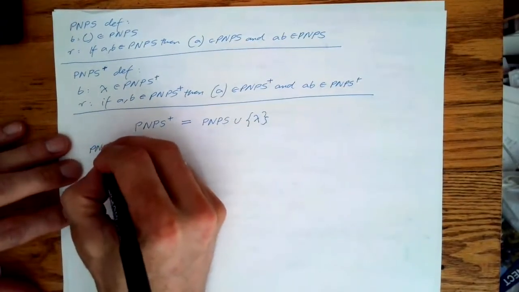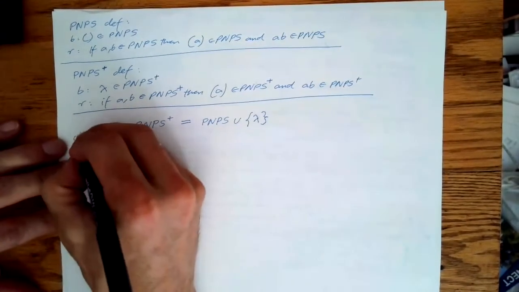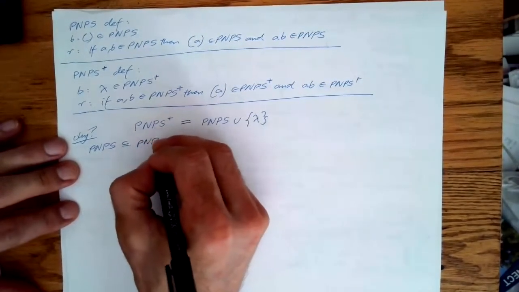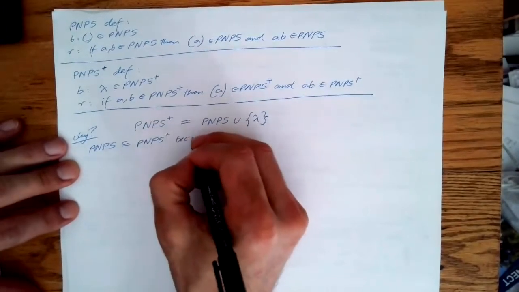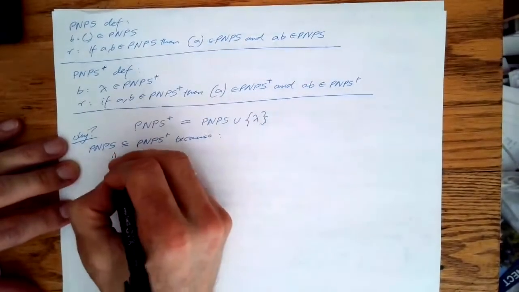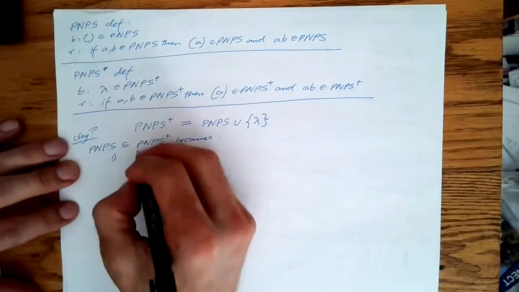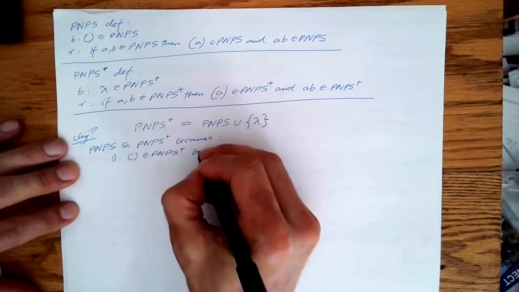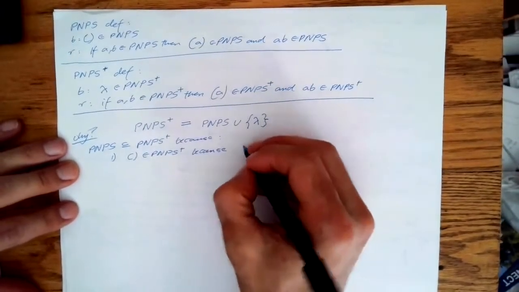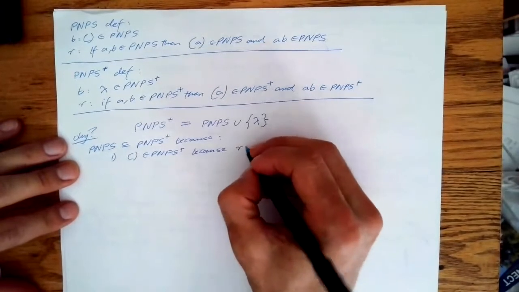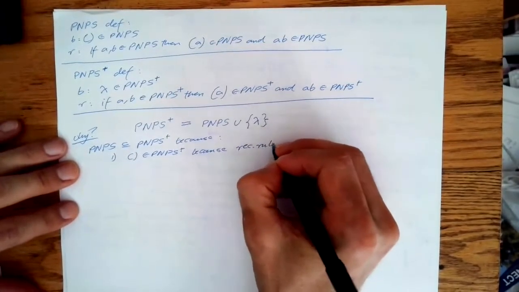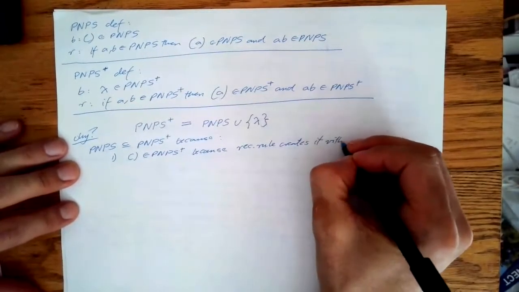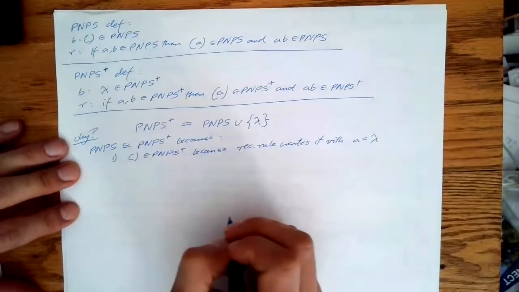So PNPS is a subset of PNPS plus because, first thing we have to check, the base case thing is in PNPS plus because the recursive rule creates it with A instantiated as lambda.